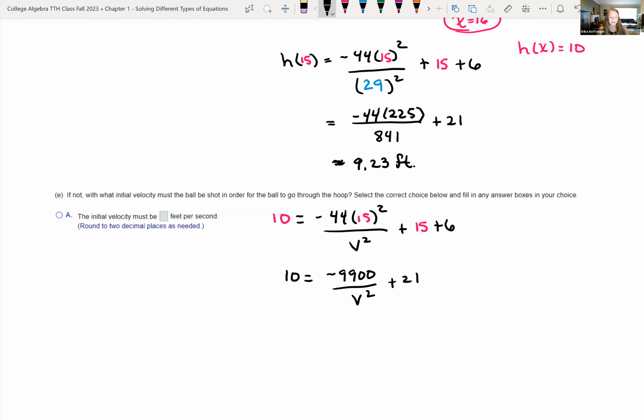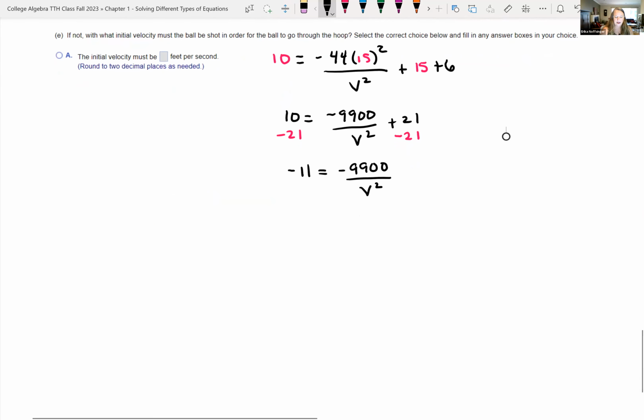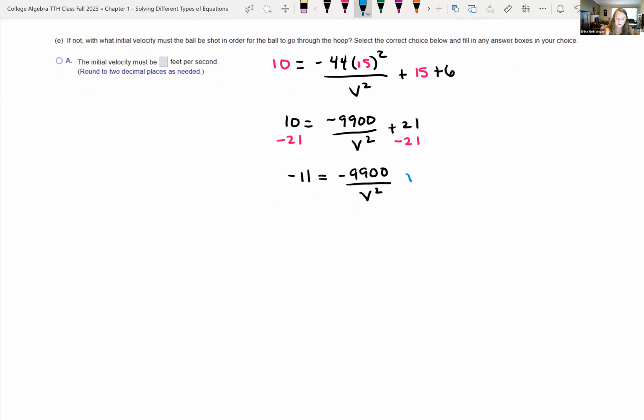So let's isolate the term with a V in it on one side of the equation. So let's subtract 21 on both sides. And so we have 10 minus 21 is negative 11 is equal to negative 9,900 all over V squared. We can clear our fraction here by multiplying both sides by V squared.